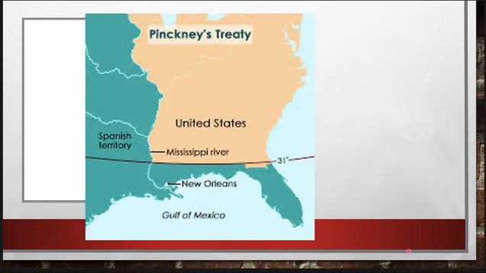So they can feed those sugar plantations and all the slaves and all the plantation owners there. And it's good for them because now they can make more money. It's good for the American economy. So Pinckney's Treaty becomes a pretty important treaty, as far as emboldening and increasing the power of the United States. Okay?